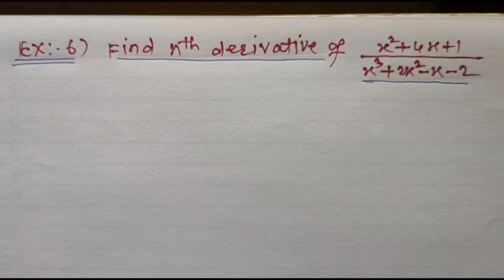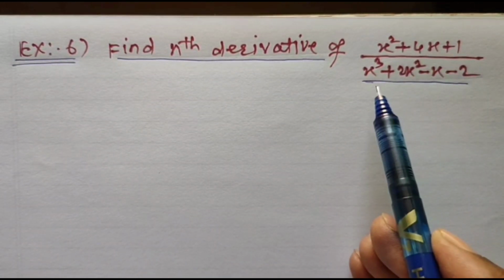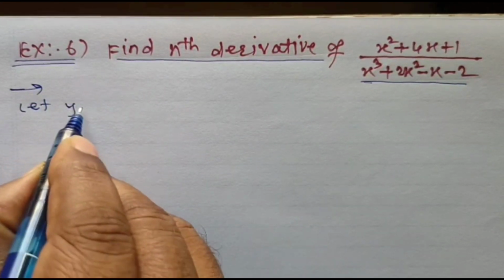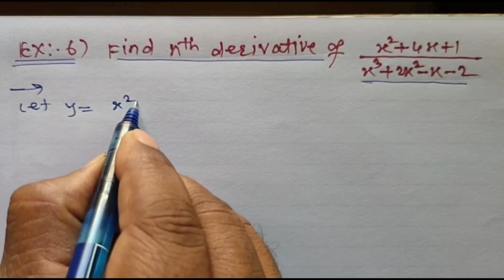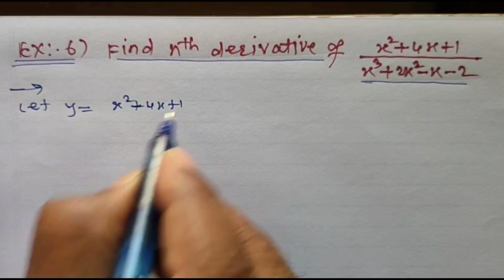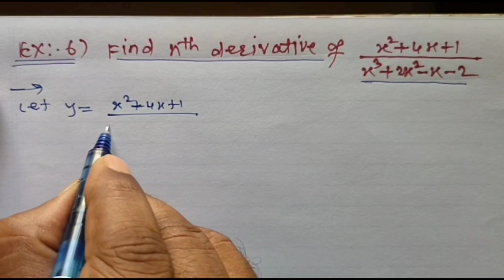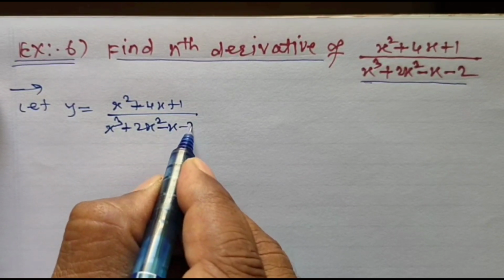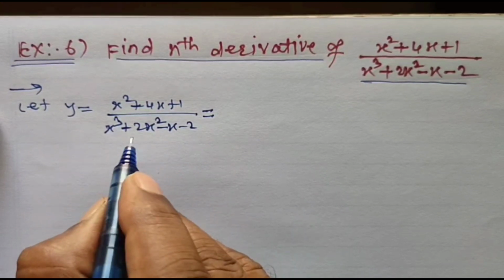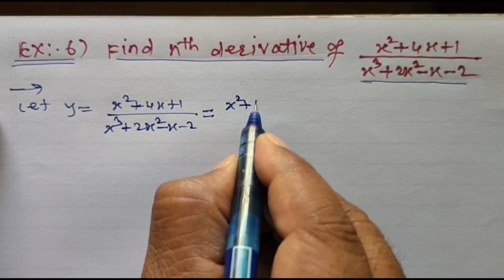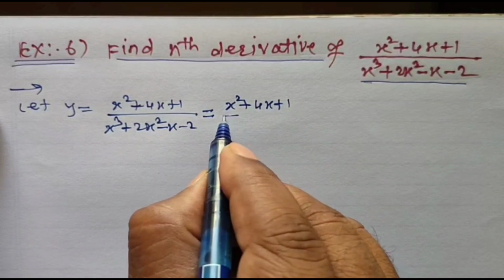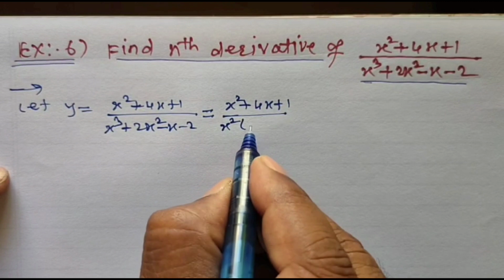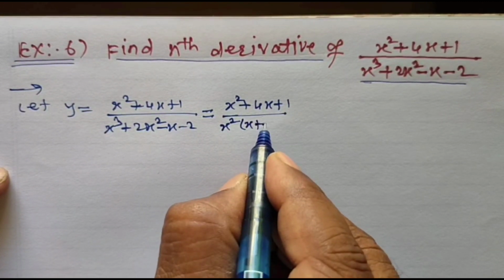Find the nth derivative of (x square plus 4x plus 1) upon (x cube plus 2x square minus x minus 2). Y is equal to (x square plus 4x plus 1) divided by (x cube plus 2x square minus x minus 2). Simplify the denominator: taking x square common from the first two terms, x square into bracket remains x plus 2.